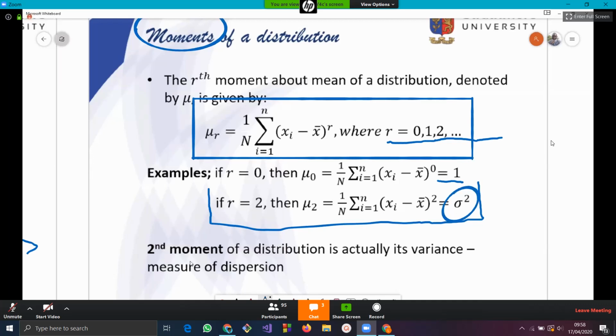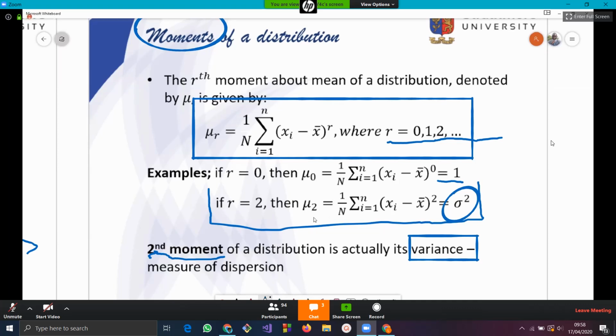Sigma squared is also the variance of the data set, which will actually be easy to compute in this format. So the second moment of a distribution is always its variance. Okay, so when you're asked to compute the variance, you just compute the second moment of a distribution.